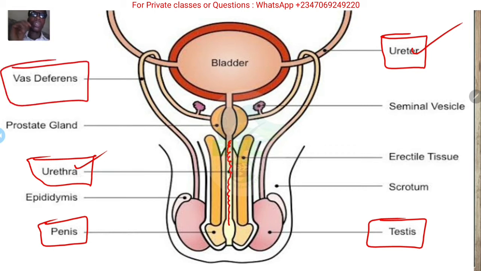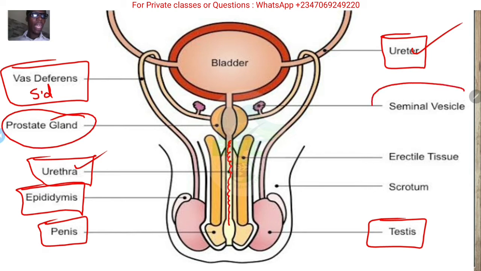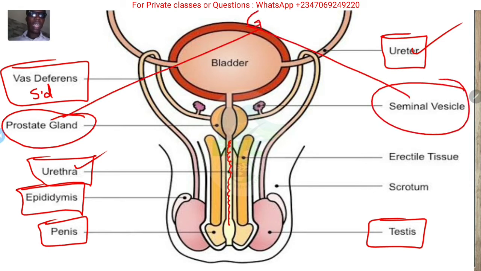I told you that another word for sperm duct is vas deferens, so we can say SD, which is sperm duct. Then I want you to also know this one called epididymis. I didn't write it on that, but it's worth knowing too. You can be assessed on it, seriously. Now you have this one and this one, both form the glands.